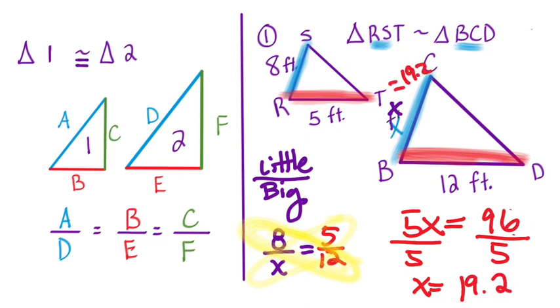So I can see on here that I can solve for the missing side because I match the little and the big. The little is 8 feet on the blue side, and then we have a missing value for the same side on the bigger. And then on the lower leg, we have a 5 on the smaller and 12 on the bigger. And then we can use our proportions to solve for that missing side.